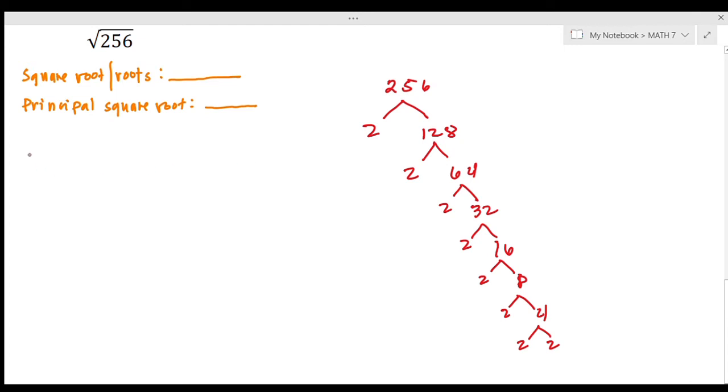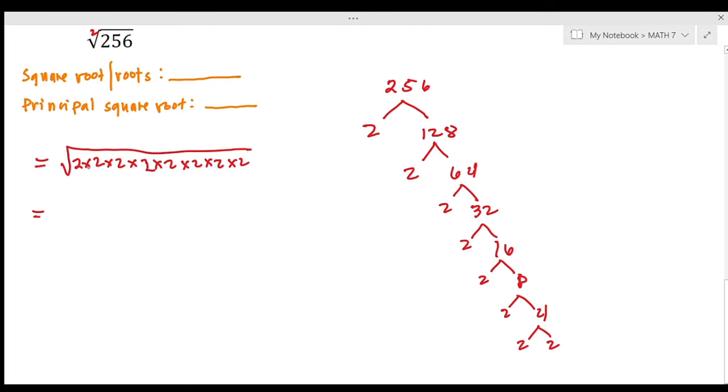And after that, kunin na natin yung mga nakuha nating factors at ilagay natin dito sa loob ng radical symbol. So how many 2s do we have? 1, 2, 3, 4, 5, 6, 7, 8. We have eight 2s. So ang gagawin natin is aalamin natin, since we are finding the square root of a number, meaning to say, the index is 2.